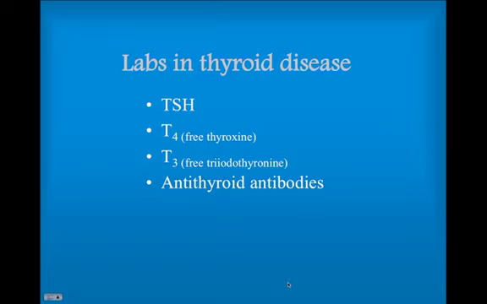TSH is easy to measure and easy to titrate the dose to get the child to the normal level. The other thing that you will be measuring in both adolescents and adults is antithyroid antibodies. This would be for an autoimmune source like Hashimoto's thyroiditis that would be causing thyroid disease.